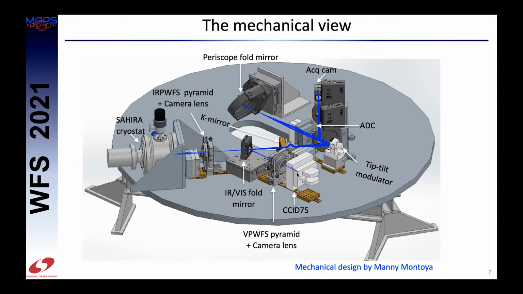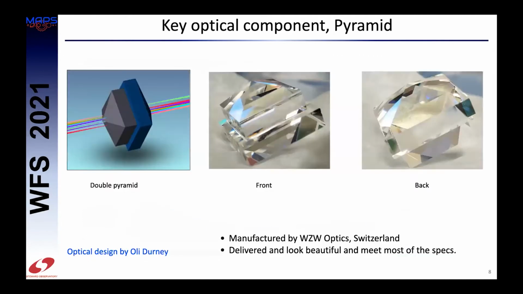And this is the wavefront sensor camera detector, courtesy of Air Force Lab, a CCID-75. The other one is the infrared wavefront sensor, which uses a SAPHIRA detector.